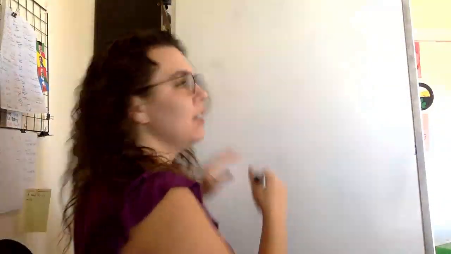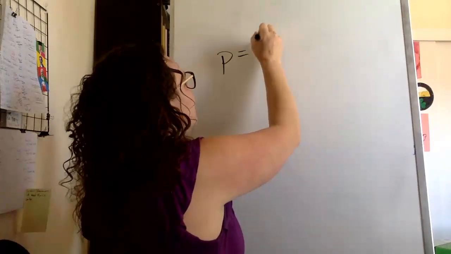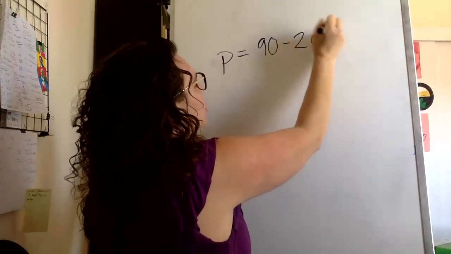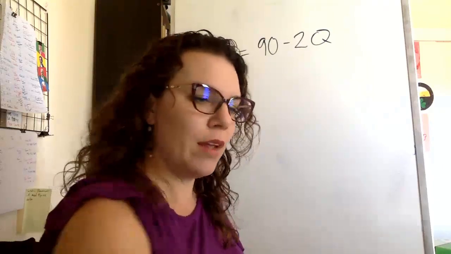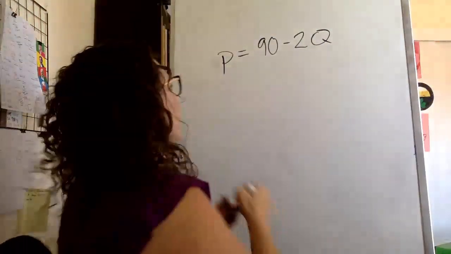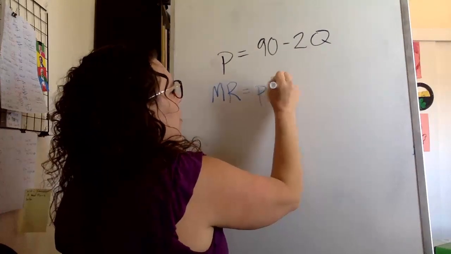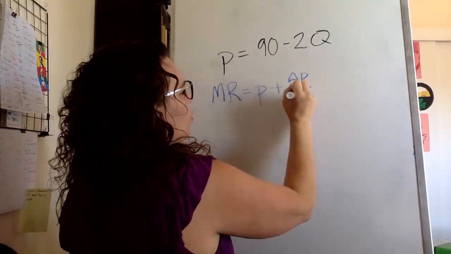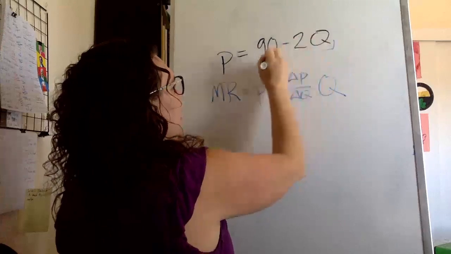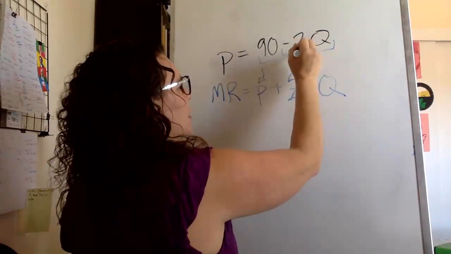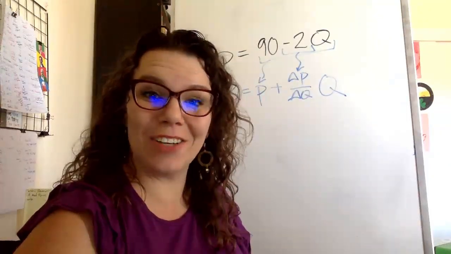We have an inverse demand function of P equals 90 minus 2Q. If we want to generate the marginal revenue curve, we remember that the formula for marginal revenue is that marginal revenue is equal to P plus change in P over change in Q times Q. We can insert this equation in for P, and this in for the slope of the demand curve, the effect a change in quantity has on price.